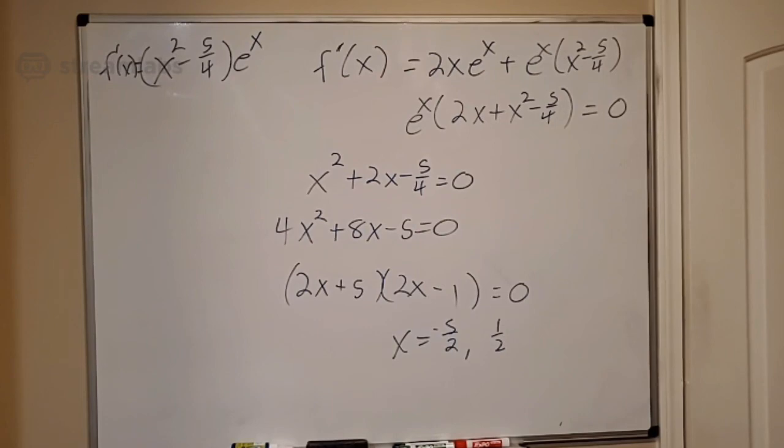Still positive. So the slope's still positive. So the first derivative is positive. What about the second derivative? Negative. Why is it negative? Because it's concave down. Very good.